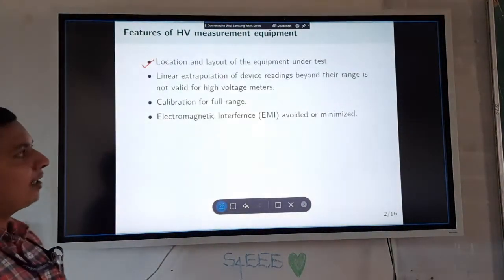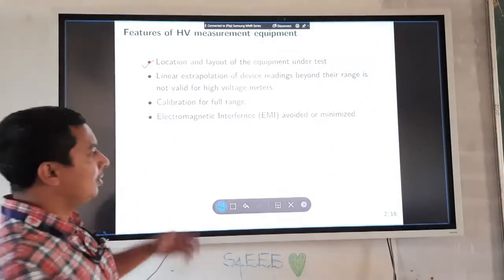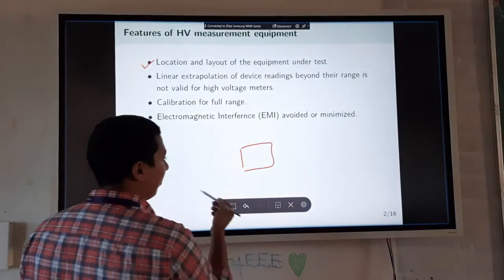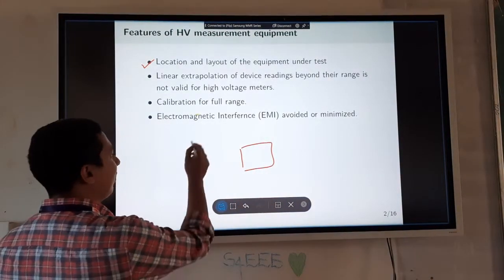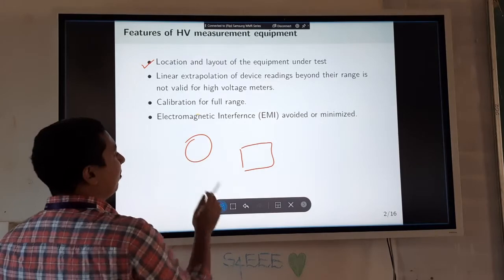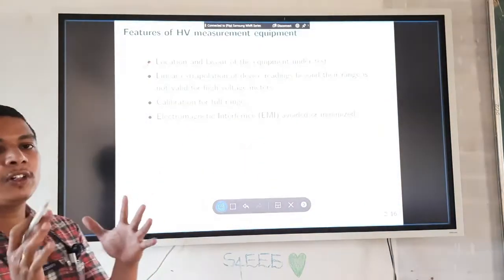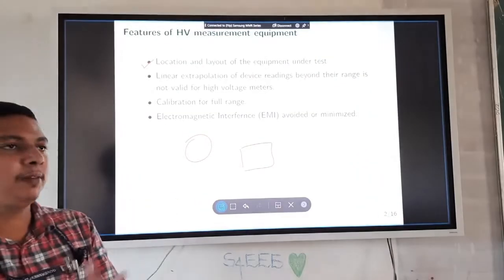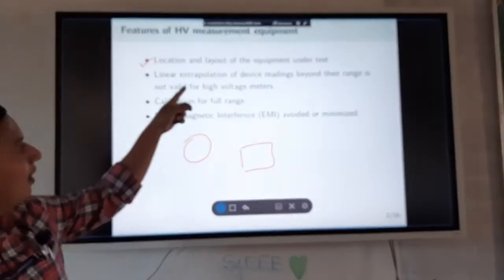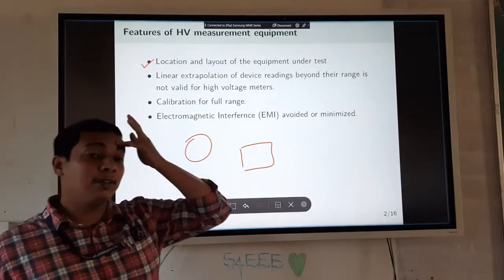Your measurement equipment and the equipment under test should be incorporated together, and where it is placed. All these things matter when it comes to high voltage measurement, right?